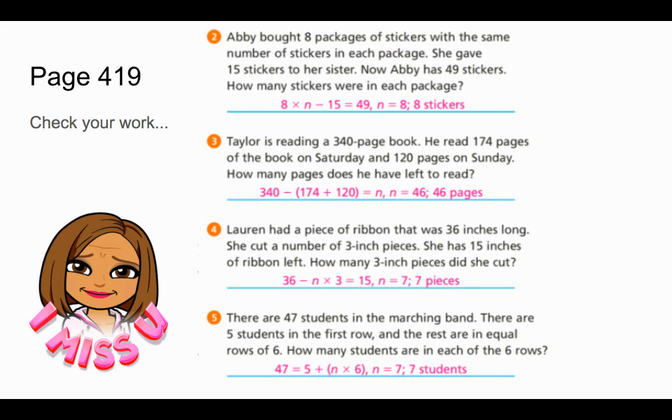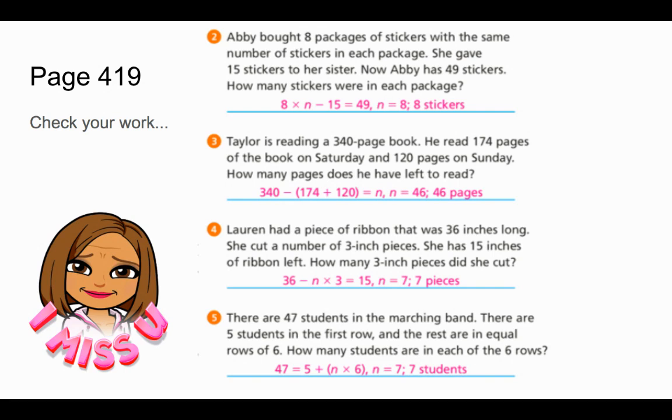Number 4, Lauren had a piece of ribbon that was 36 inches long. She cut a number of 3-inch pieces. She has 15 inches of ribbon left. How many 3-inch pieces did she cut? So 3rd graders, she started with 36 inches and then she cut a bunch of pieces. Okay?